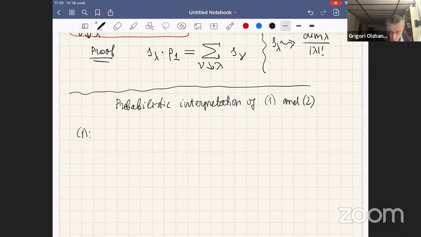This is the so-called Plancherel measure on the set of Young diagrams of a fixed size n, for each n.